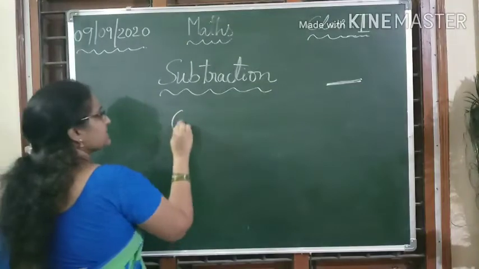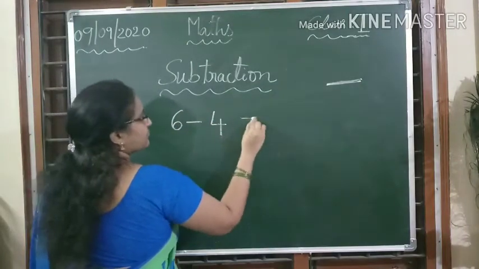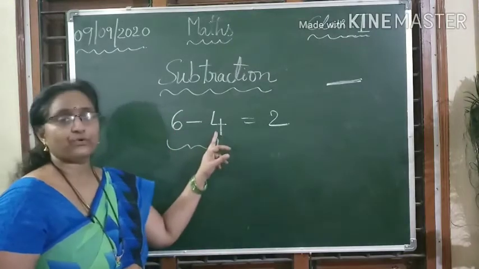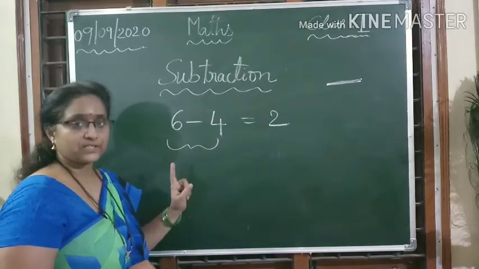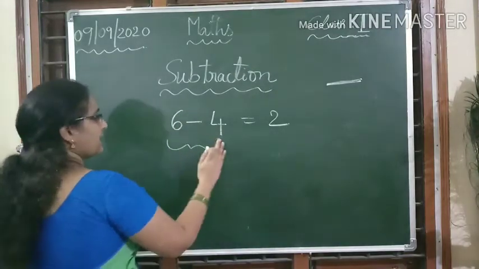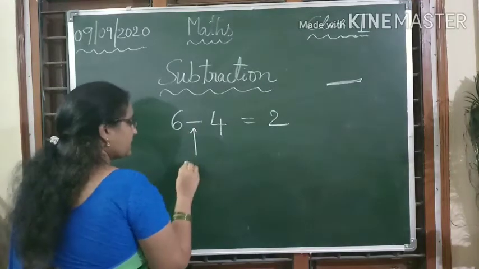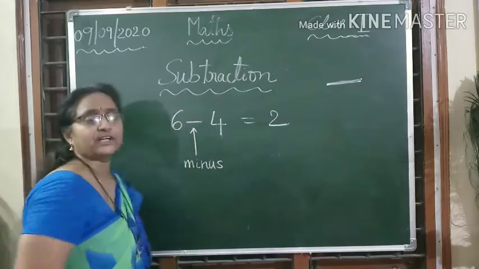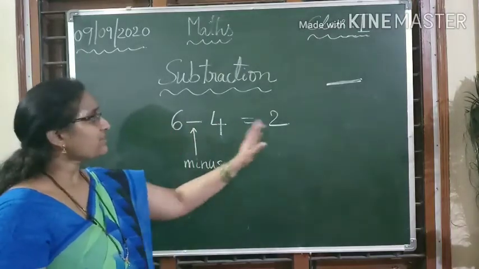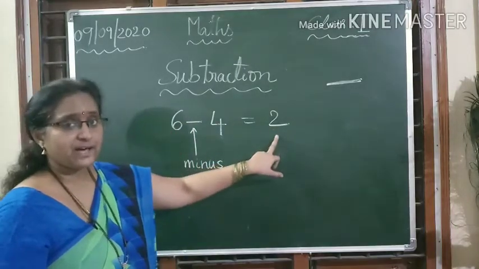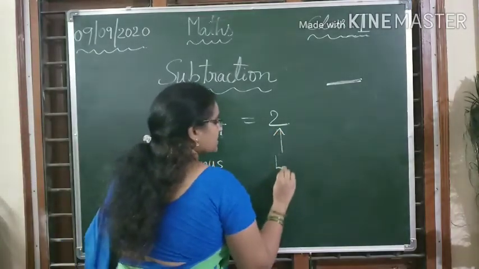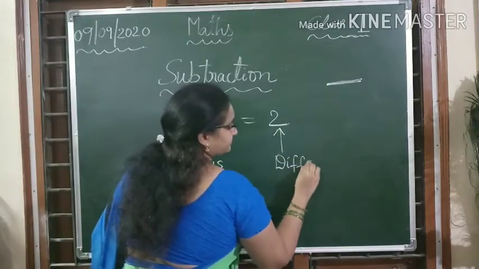Children, in this example, 6 minus 4 equals 2. This 6 minus 4 is said to be a subtraction sentence. And this is minus, which is nothing but the symbol for subtraction. The answer of the subtraction, here what is the answer? 2. The answer of the subtraction is called difference.